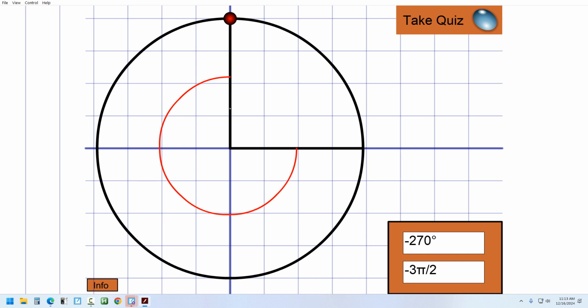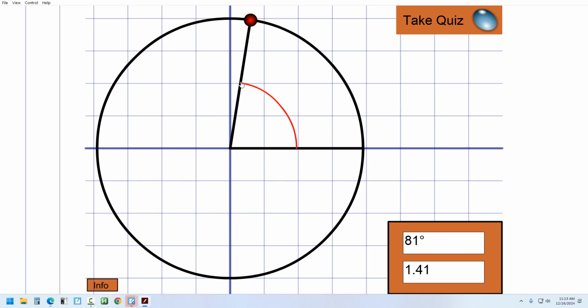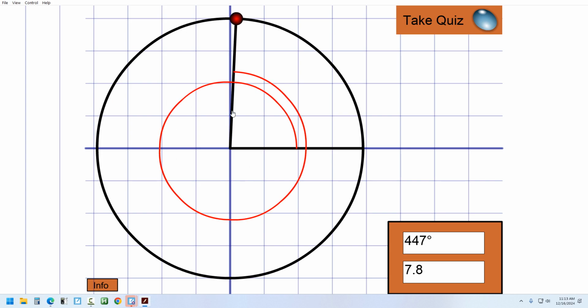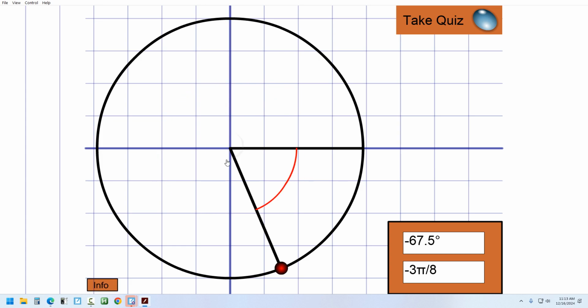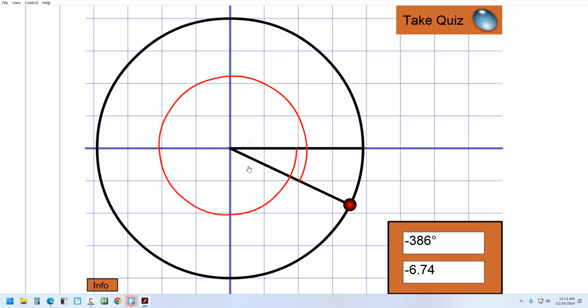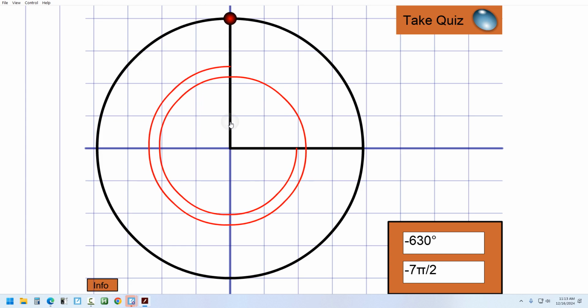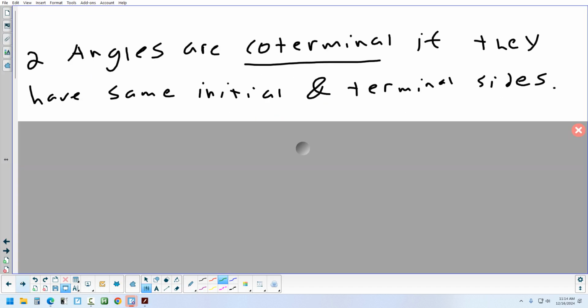By adding it to 360 so that you get a positive amount. Yeah, just add 360. So these angles, 90, 450, negative 270, negative 630, all of these angles are what we call coterminal.